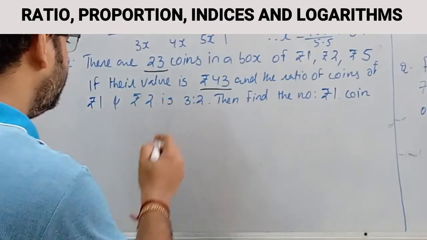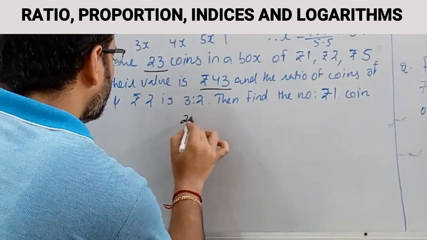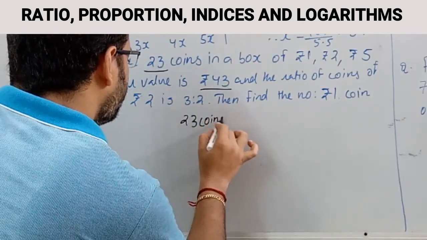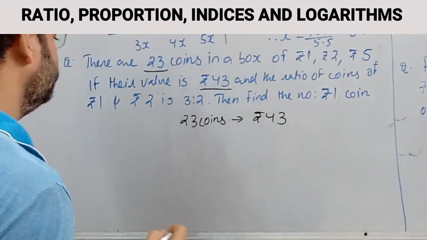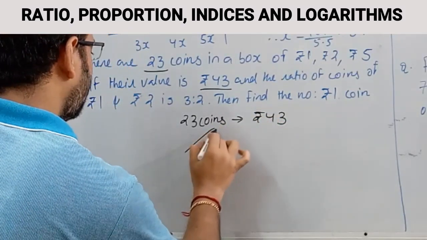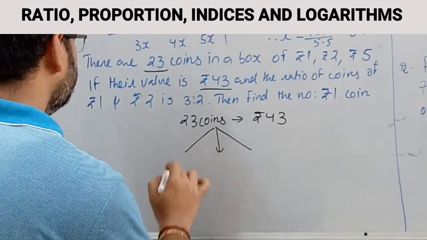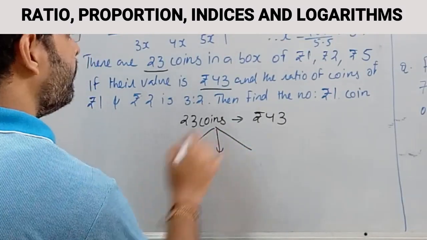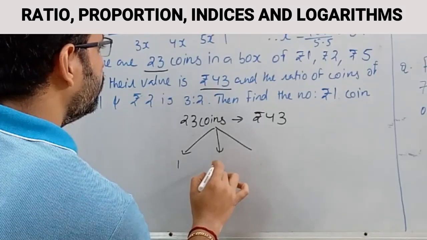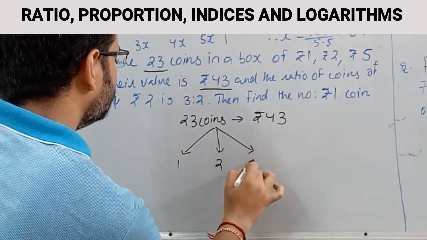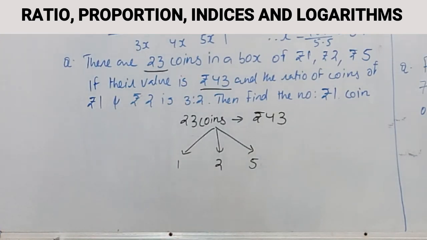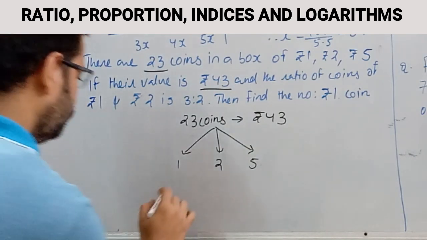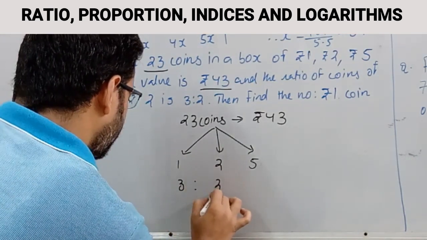In the question, it is given that there are 23 coins, value rupees 43. 23 coins are in the form of 1 rupee coin, 2 rupee coin and 5 rupee coins, and it is given that the ratio of rupee 1 and rupee 2 is 3:2.